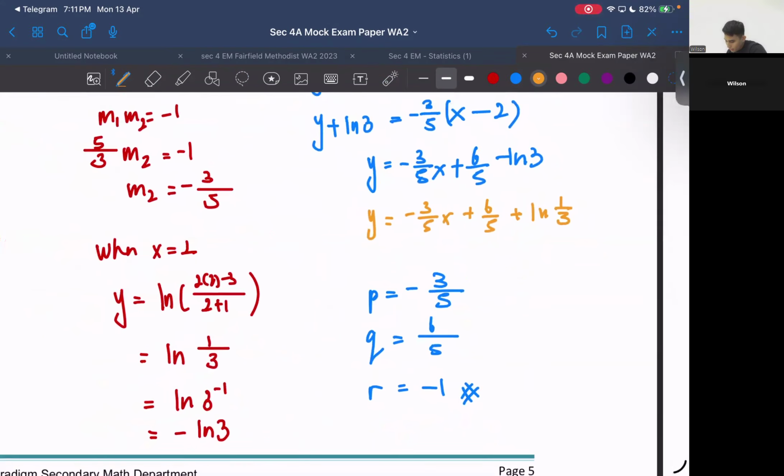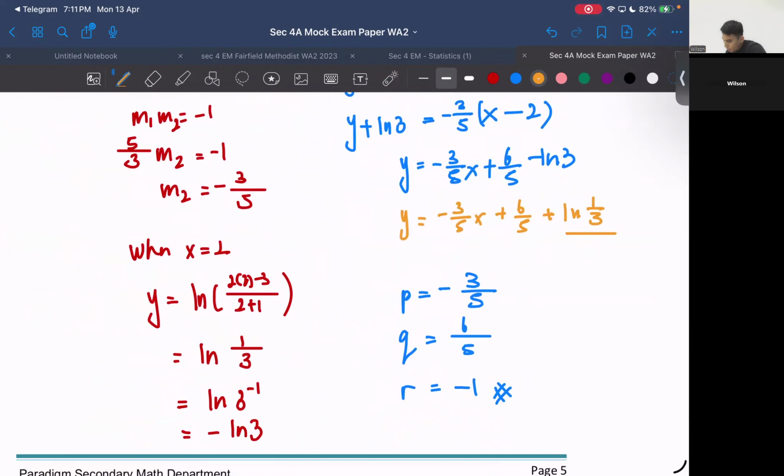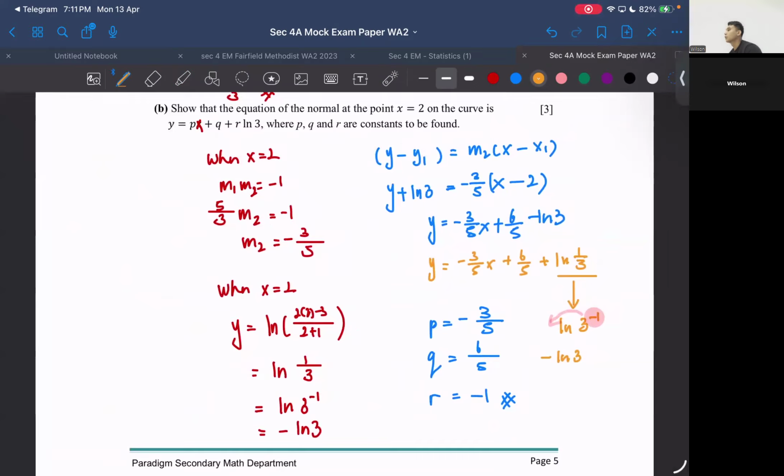If you manage to get here, just remember, ln 1/3 can be written as ln 3 to the power of -1, correct? Then what you can do over here is to bring the power to the front. So your answer will be accepted. Only the first two will be accepted.